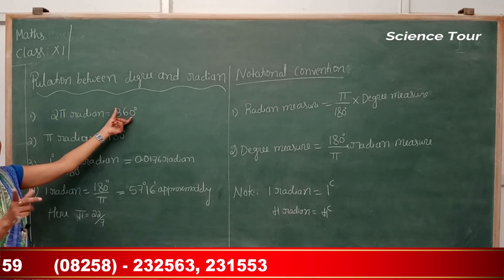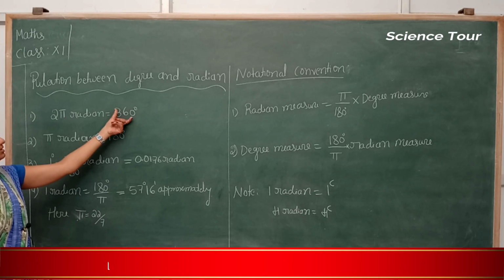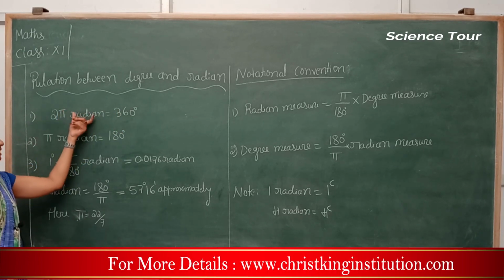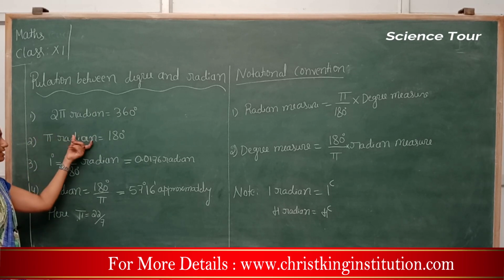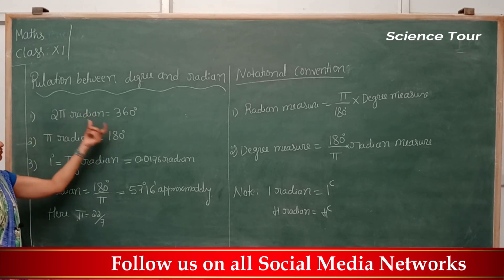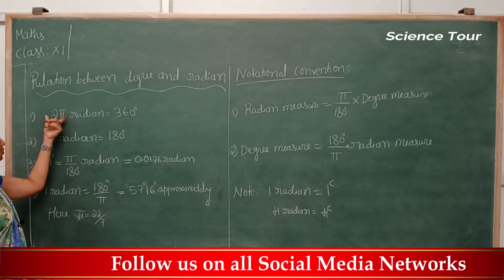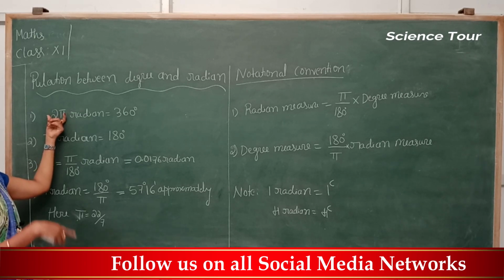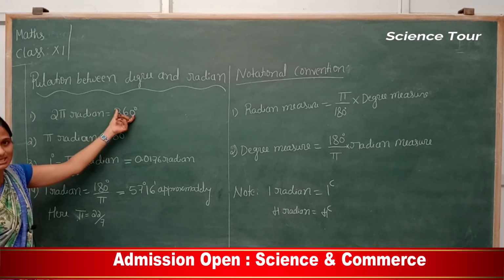Already you know in your lower class, 1 meter is equal to how many centimeters? Same way, 2 pi radian is equal to 360 degree. So pi radian is equal to 180 degree. So 2 pi radian in degrees is 360 degree.